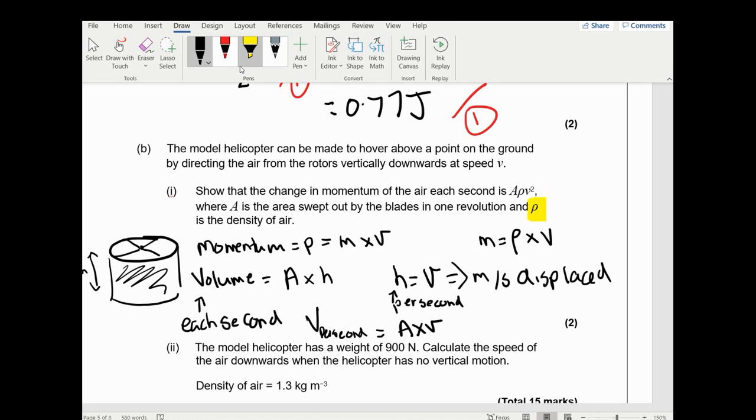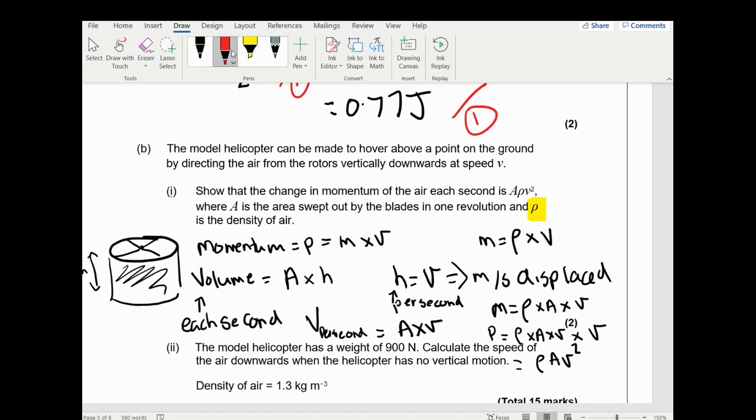Putting it all together, I end up with mass equals rho times by the area times by the velocity. And P equals the mass, so rho times the area times the velocity times by the velocity, which then equals rho A V squared.